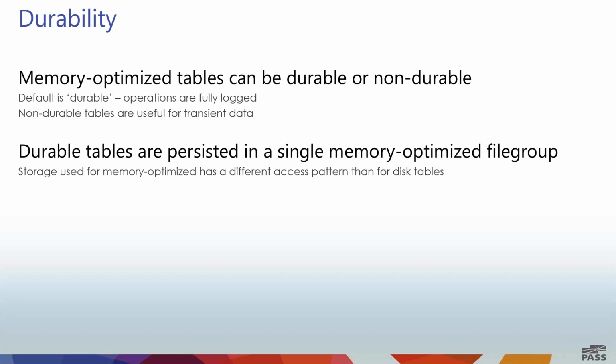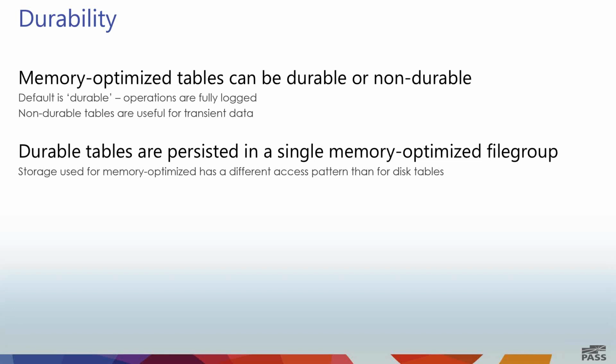One thing to keep in mind here is that the access pattern for this storage is different from your traditional data files like the MDF and NDF files. We optimized our access pattern for streaming storage, because we know that sequential I/O is typically faster than random I/O. So we said, let's make this sequential.